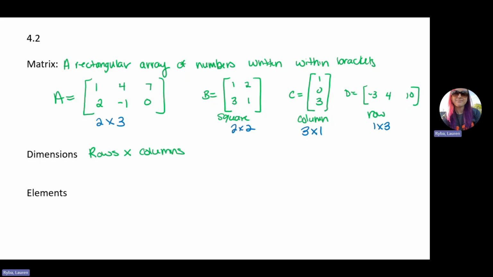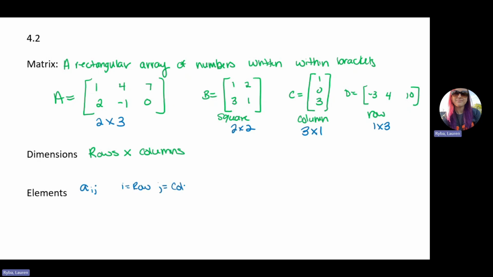Now, each number is an element, and each element then has a position. So the way you label an element is like this: A, and they say I, J. I is representative of the row.